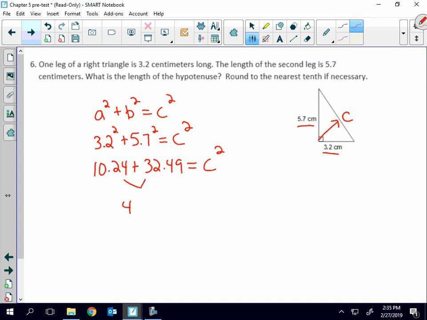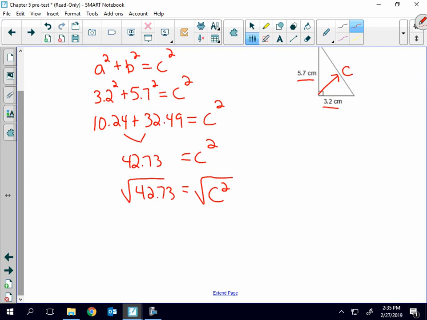This gives me 42.73. And I can find c now by taking the square root of both sides. The square root of c squared is just c, and the square root of 42.73, when rounded to the nearest tenths place, is 6.5.